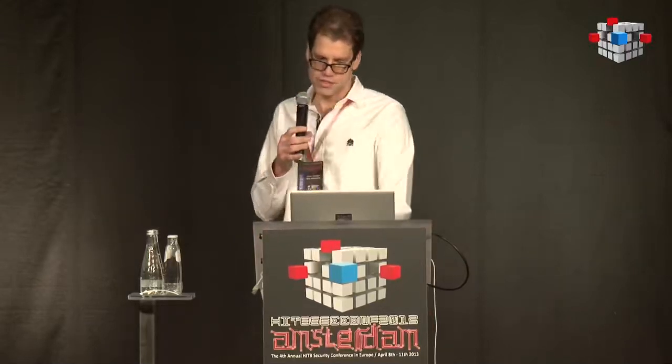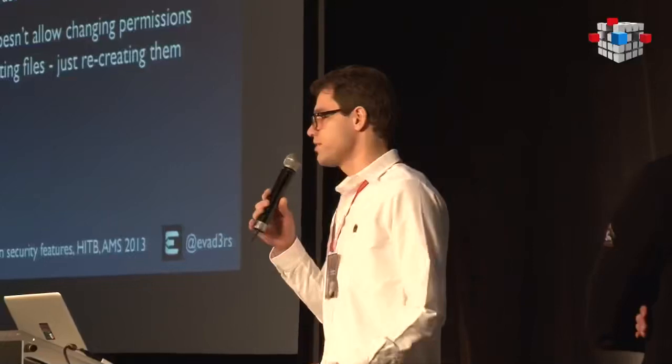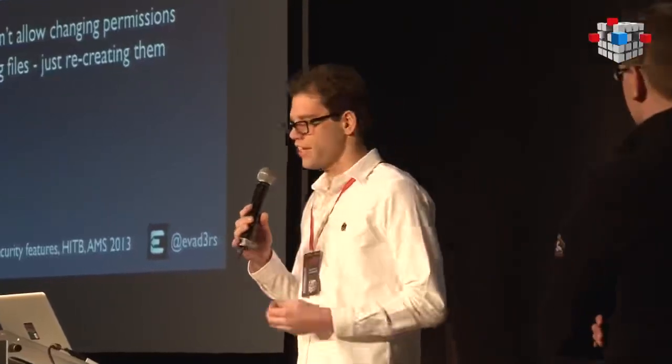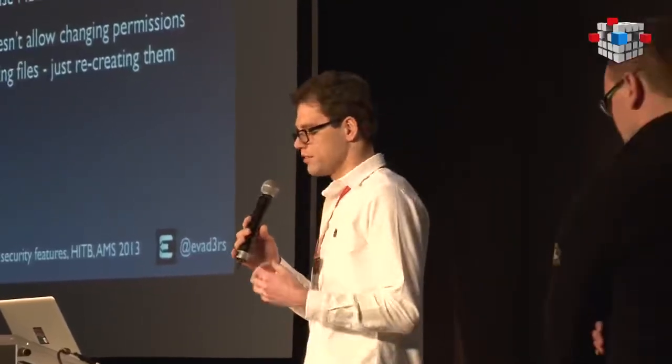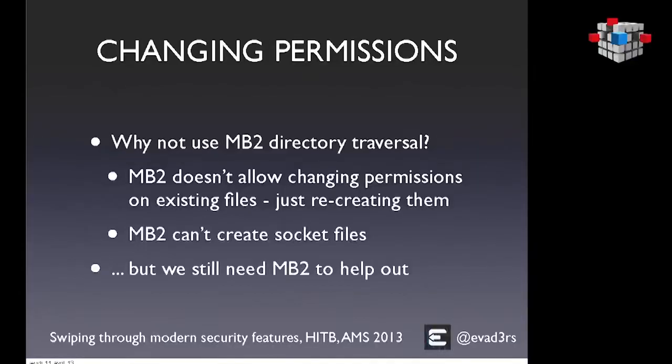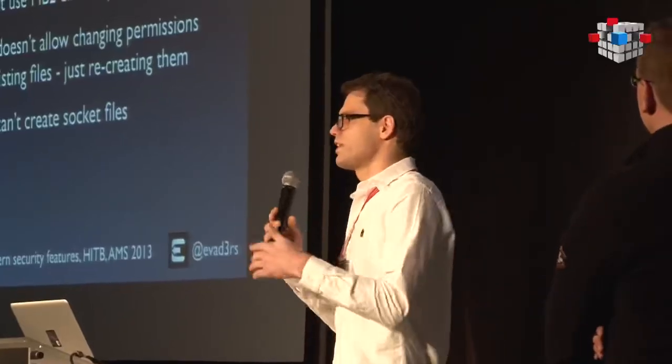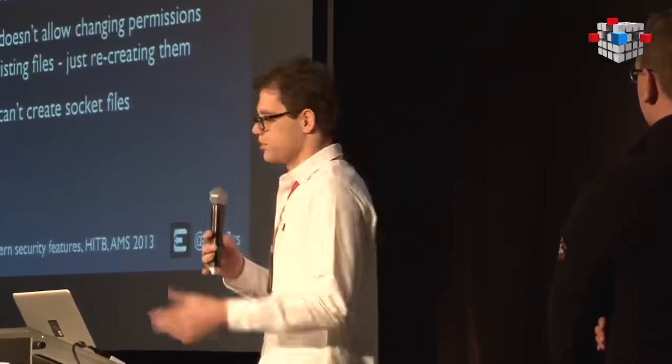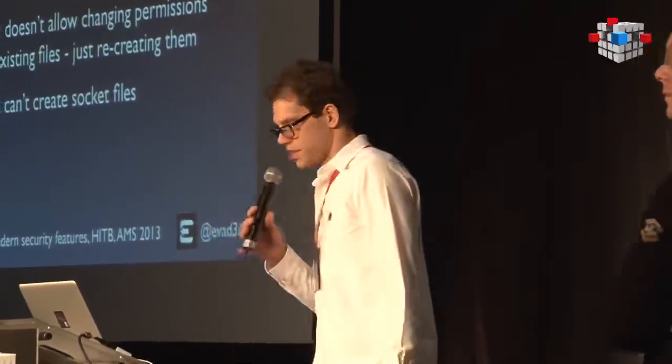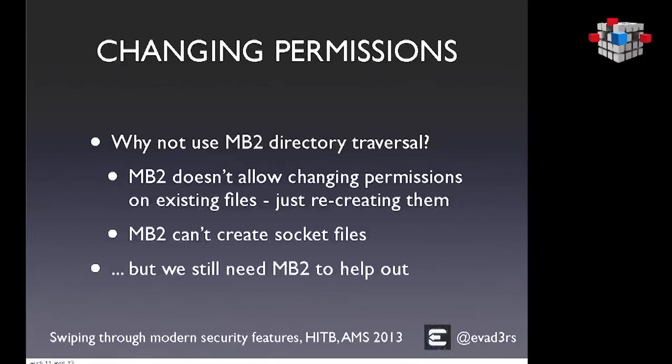Because when we restore something, the files will get created, and we cannot change the permissions of existing files. And the second thing is we cannot create socket files. So even if we could create them, it wouldn't work because we would have to use the existing one and not create another one, because it would not be able to talk to launchd.